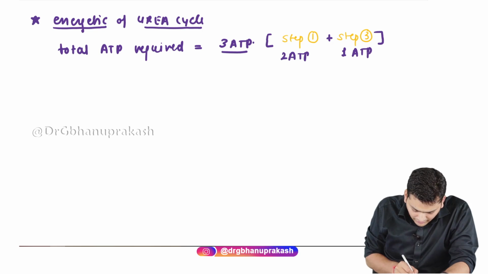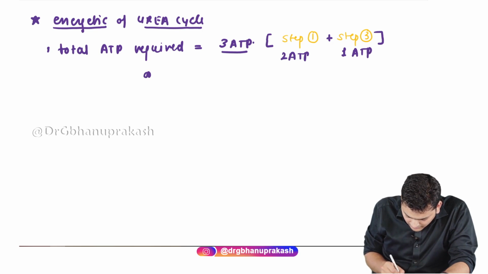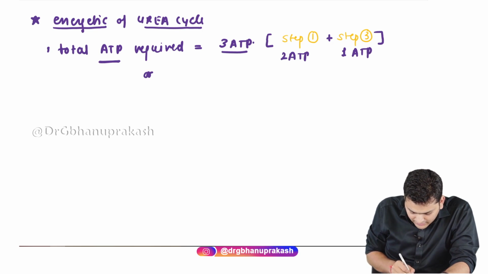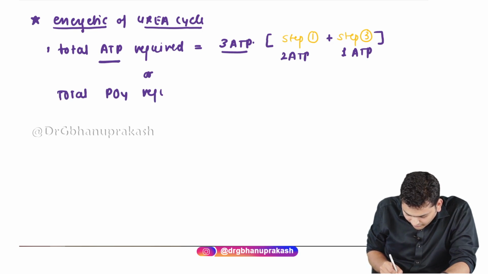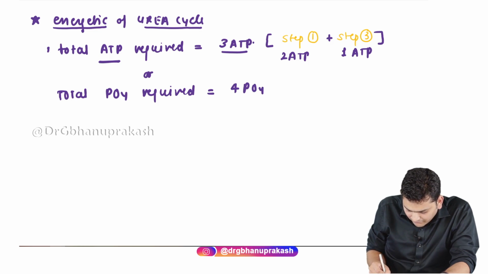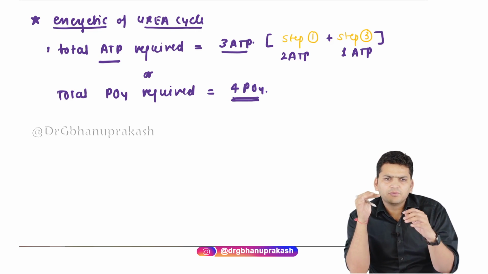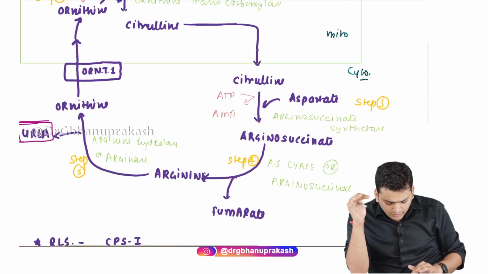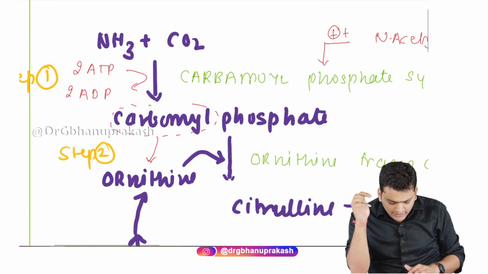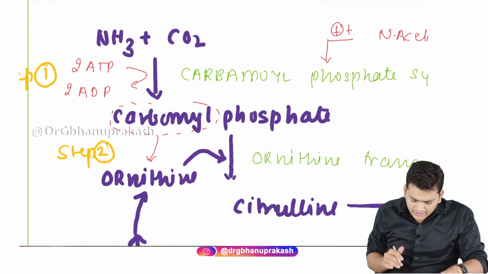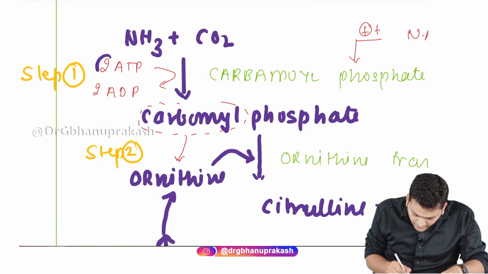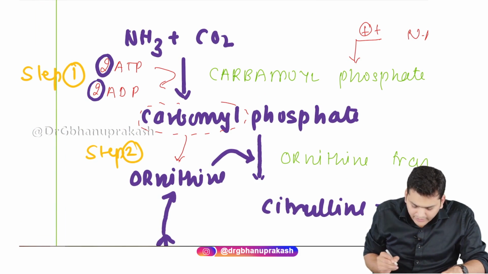But in case they ask, instead of ATP, the total phosphate used or total phosphate required, then the answer will not be 3, the answer will be 4 phosphates. The answer is 4 because in step 1, if I scroll up to make you understand, we are using 2 ATPs converting into 2 ADPs, triphosphate converting into diphosphate.